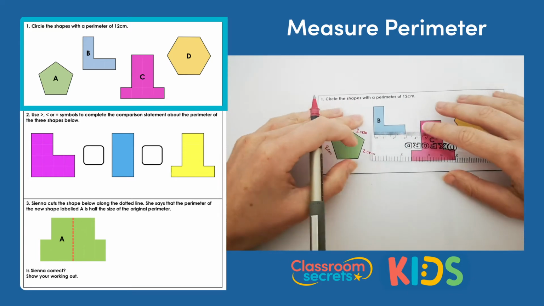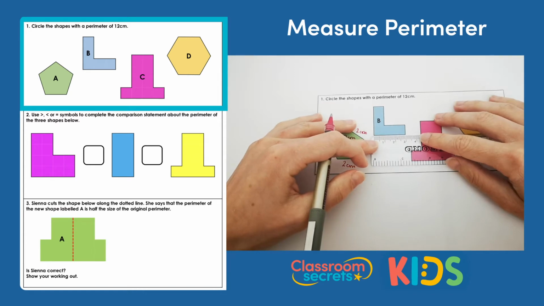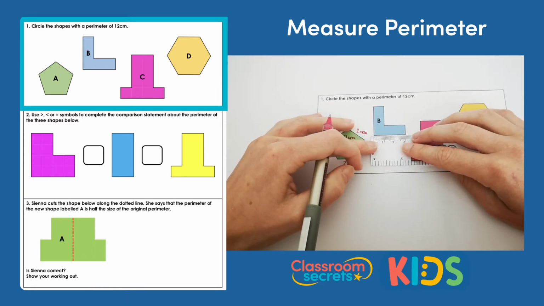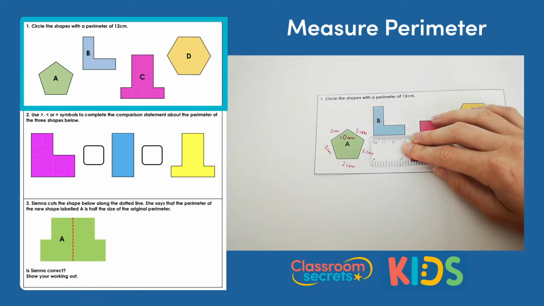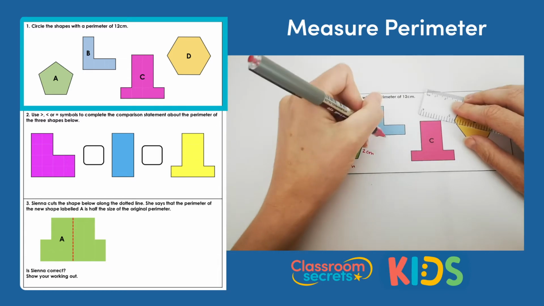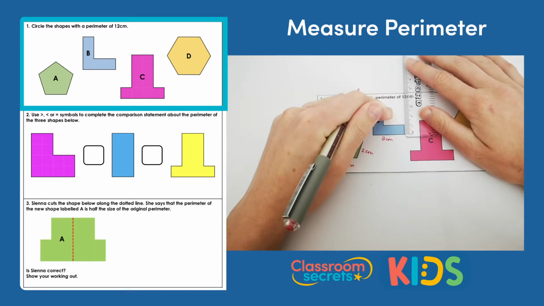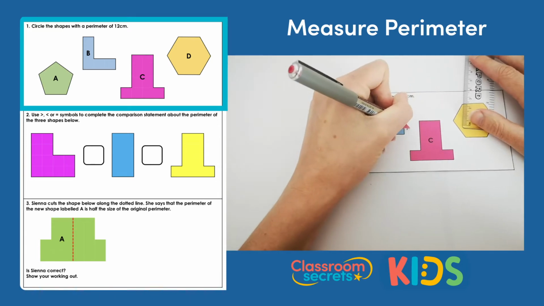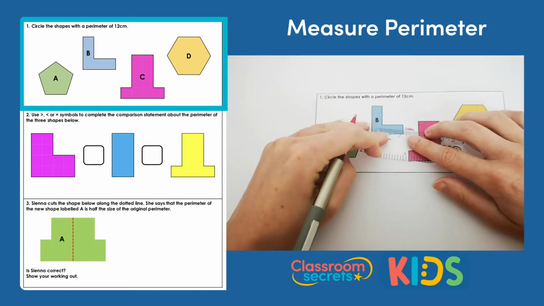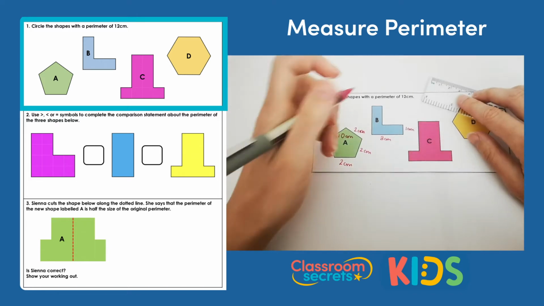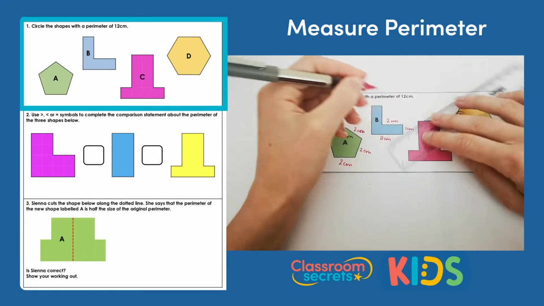So let's move on to shape B. Remembering to line up my ruler and the edge of that side so I don't measure it incorrectly. And that's 3 centimetres. That's 1 centimetre. That's 2 centimetres.